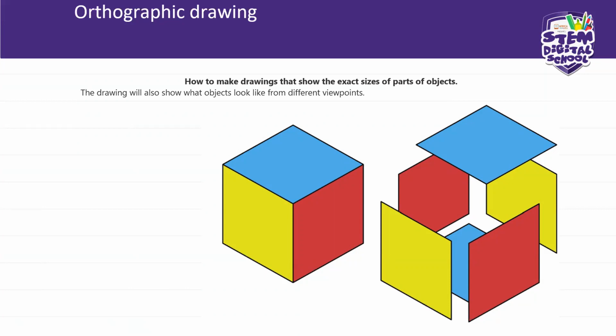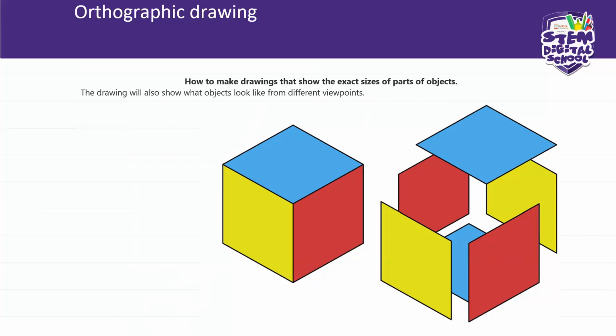Okay? If you look at this cube, it has different colors. The colors are made for you to see when you want to practice orthographic drawing, so you can see the dimensions I will be drawing when you are drawing 2 dimensions. So this three-dimensional drawing will be drawn in a 2-dimensional manner.